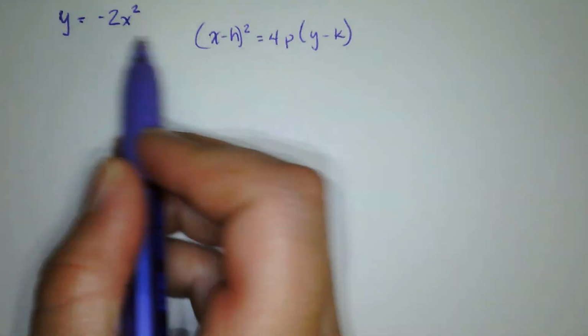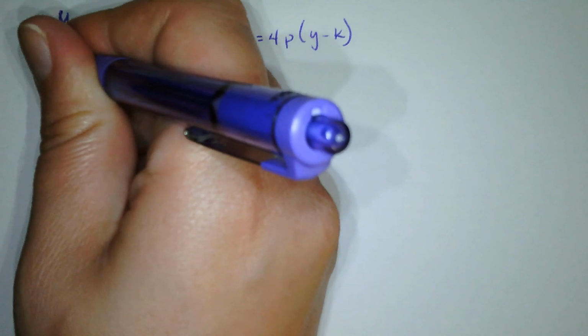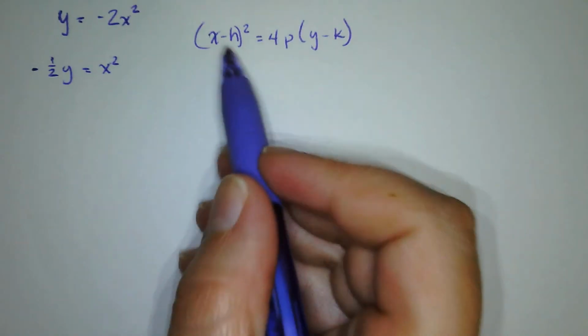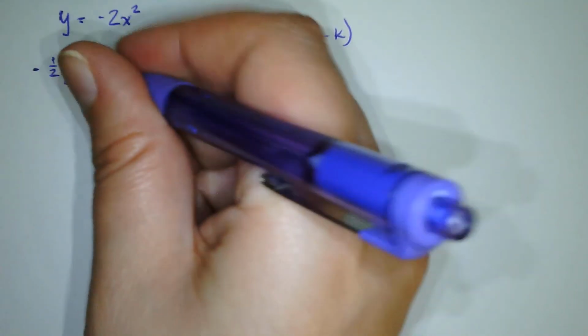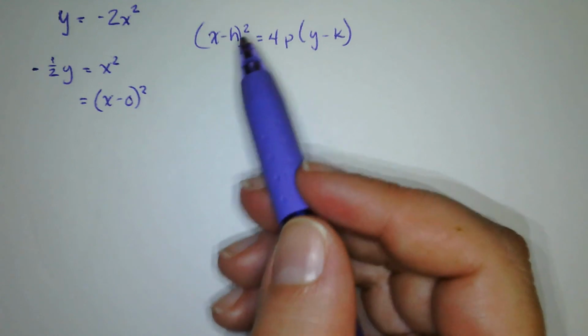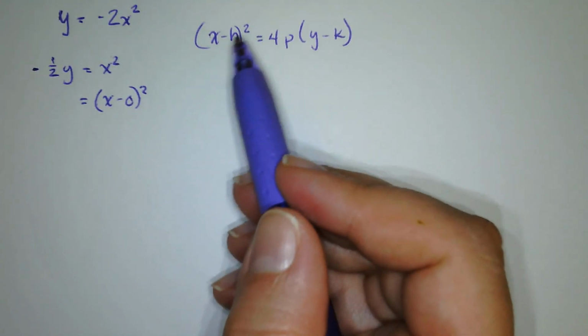I'm going to move the -2 to that side by dividing it. So I'm going to have -1/2 y equals x squared, and I'm going to put that in parentheses: (x minus 0) squared, because there's nothing else being added or subtracted.